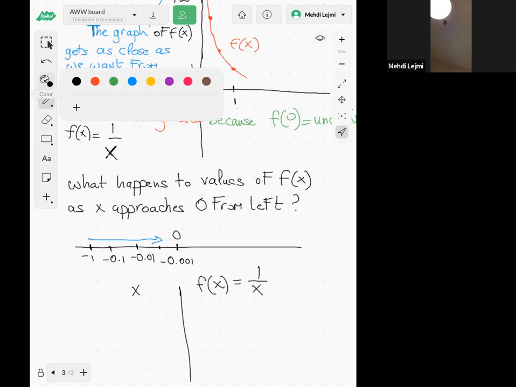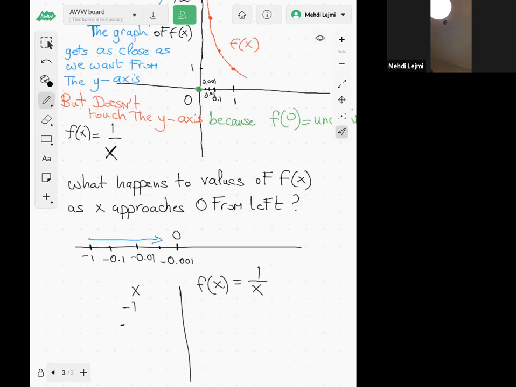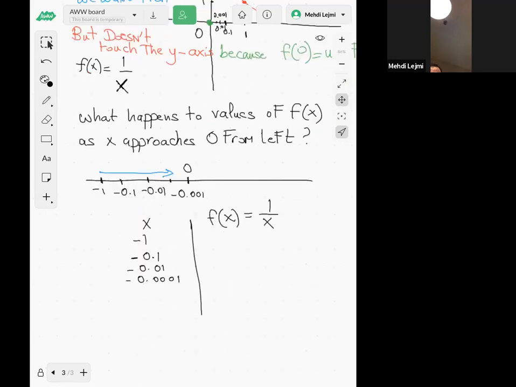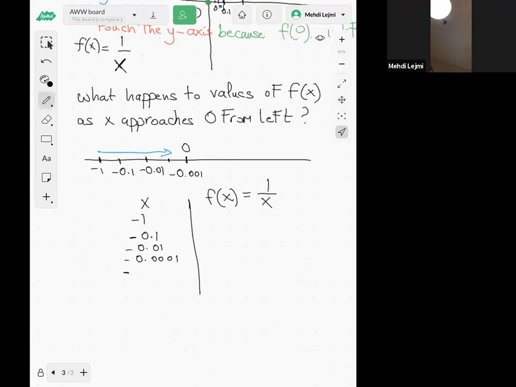So if x approaches 0 from the left, I'm going to take smaller values, like -0.1, -0.01, -0.001, etc. We are getting close to 0, but never equal to 0, because 1 over 0 is not defined. As you can see, x approaches 0 from the left, because they are negative numbers, right?